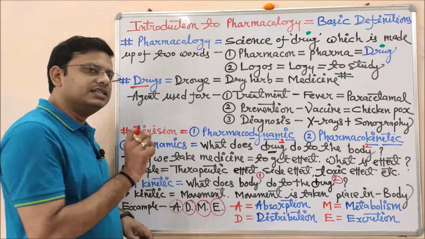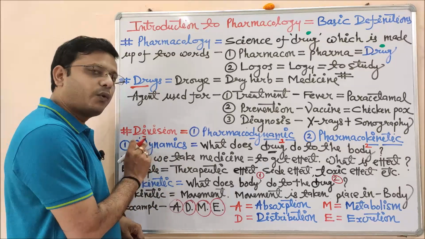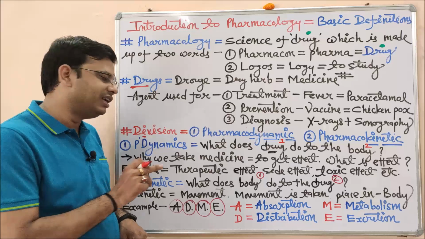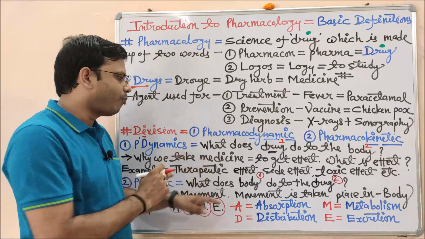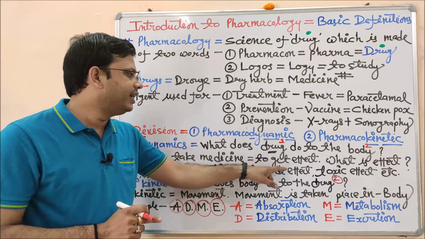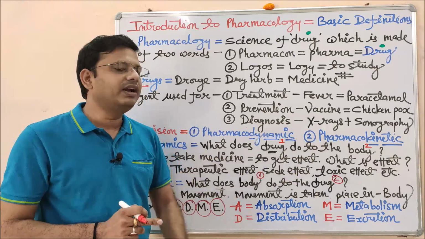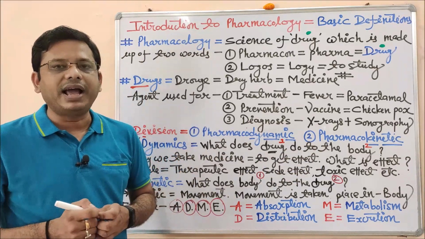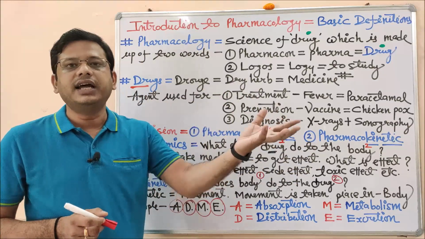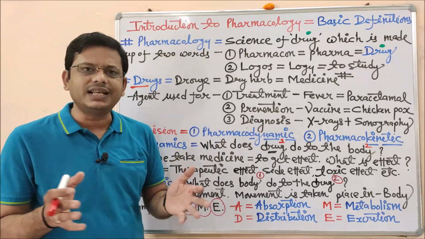Let's consider a simple explanation point. This is a question you have to ask yourself. Why do we take medicine or why do we take a drug? To get an effect. What is the effect? The effect which is desirable. See, I am expecting from that drug that it may reduce my body temperature. This is expectation.